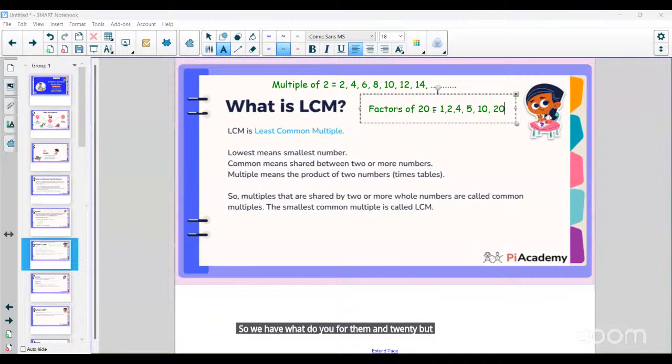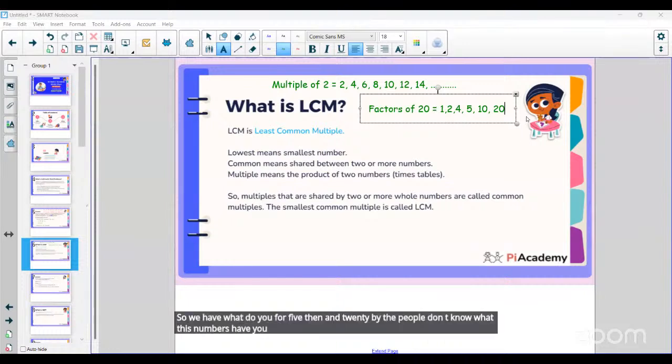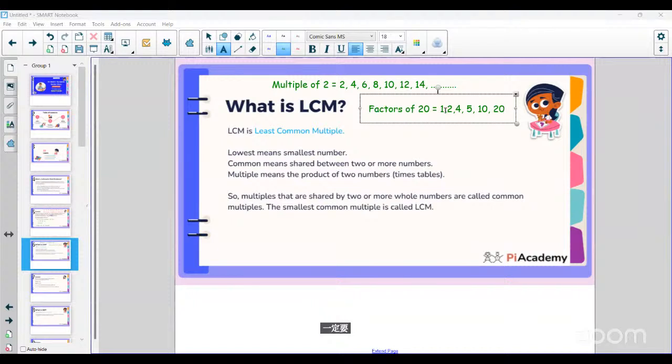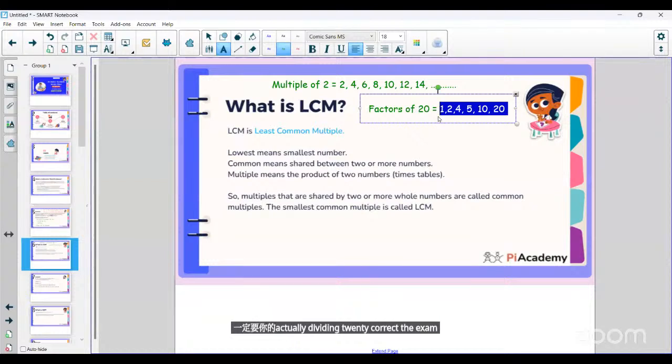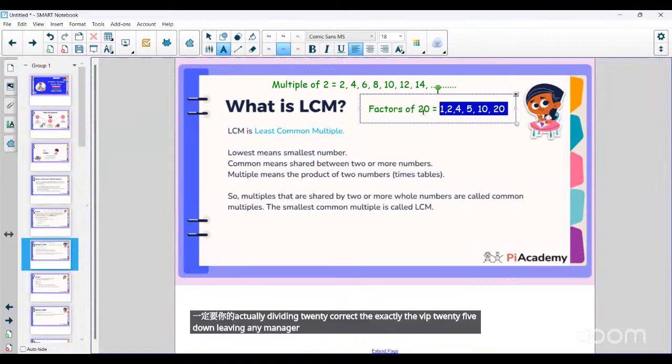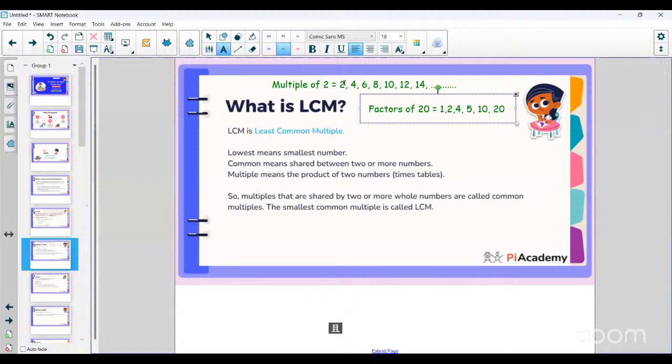By the way, what are all these numbers? How did you end up figuring this out? All of these numbers which are factors of 20 are actually dividing 20. Correct? They exactly divide 20 without leaving any remainder. So that is what a factor is. That's different from a multiple. A multiple is something which comes under the times table.